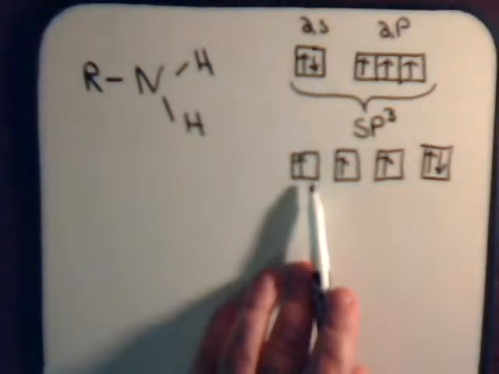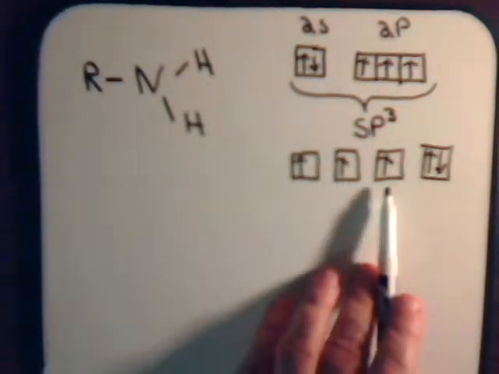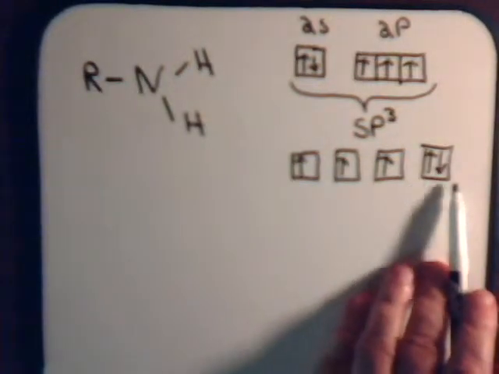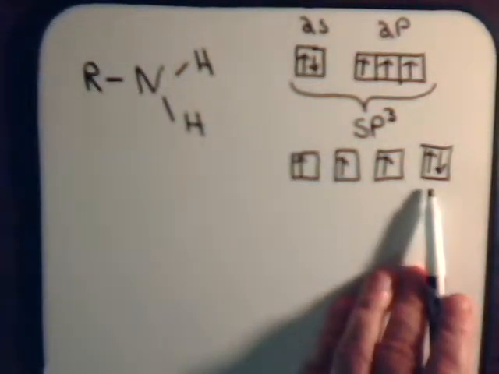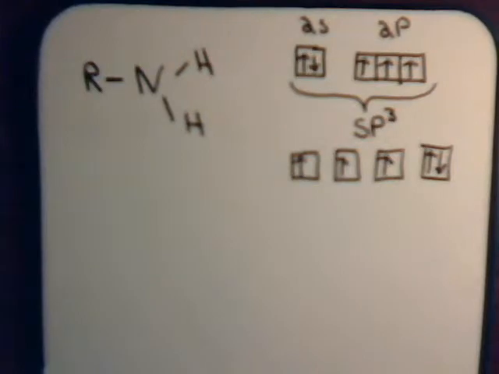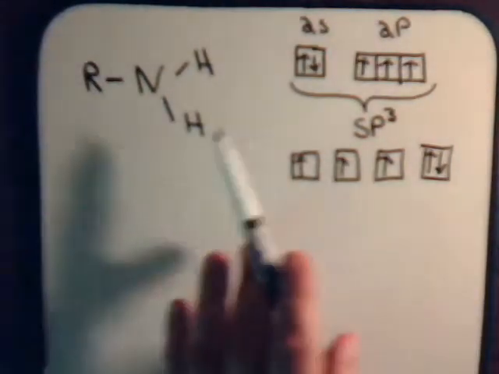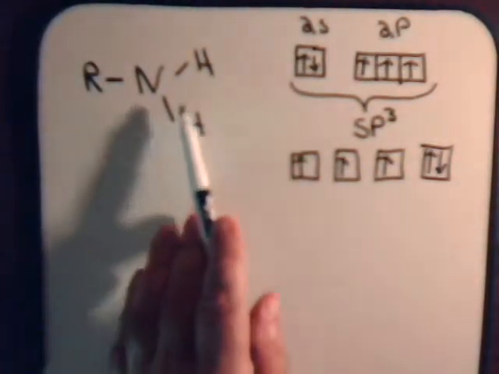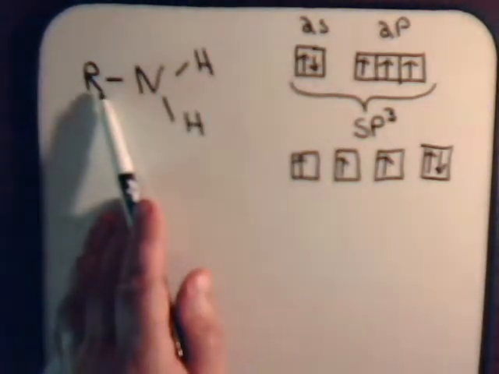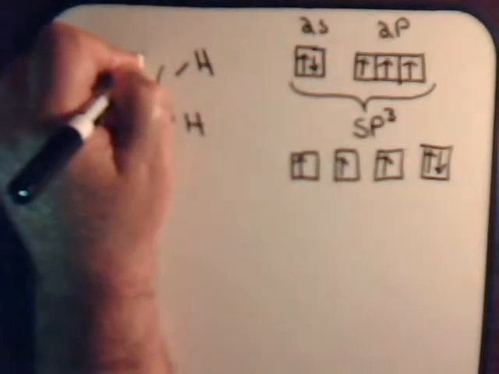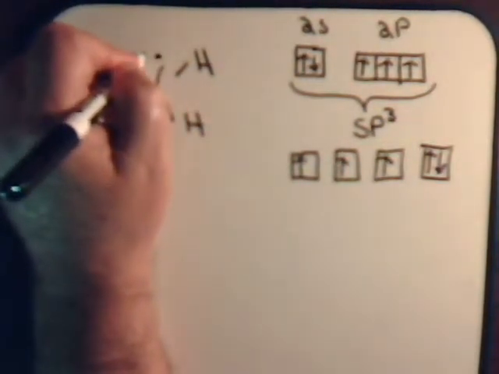So this can form a bond, this can form a bond, this can form a bond, and then we have this lone electron pair. And remember that the geometry here is a tetrahedron. So we have the nitrogen atom, then surrounding it would be the tetrahedral structure. This would be part of the tetrahedron, this would, and then we have these sp3 unshared electron pairs.